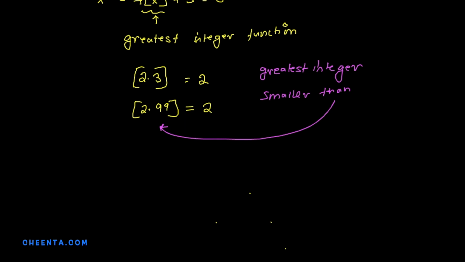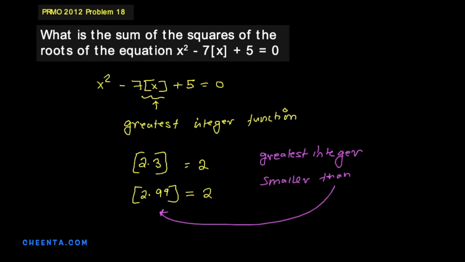Just a quick example for negatives. If you do box of negative 2.3, that will be negative 3. Why? Because that's the greatest integer smaller than negative 2.3. So this is a place where you have to be a little careful. It doesn't work the same way for positive and negative numbers, at least visually not.